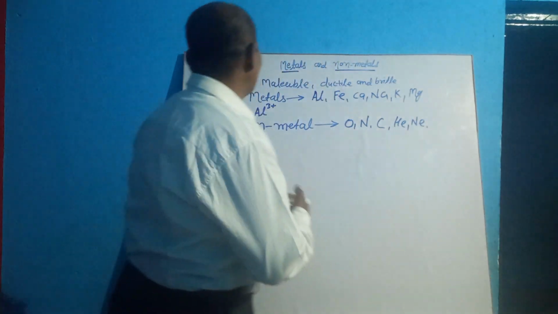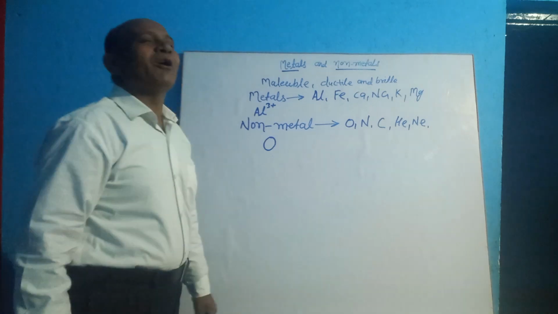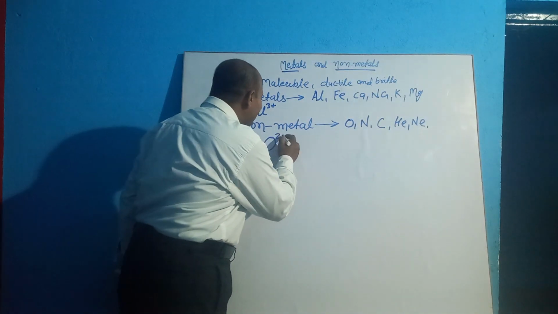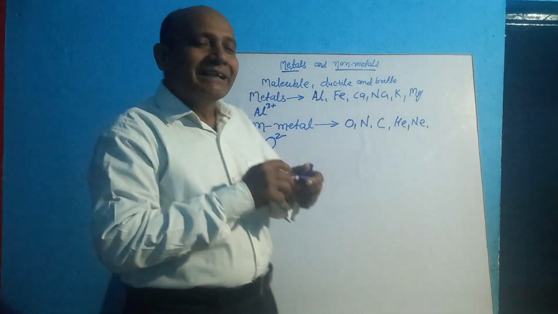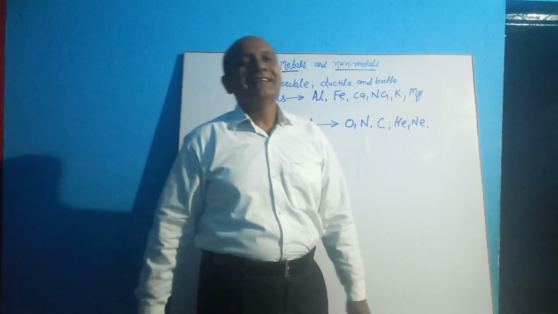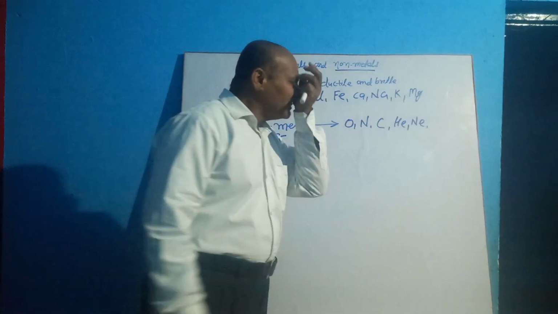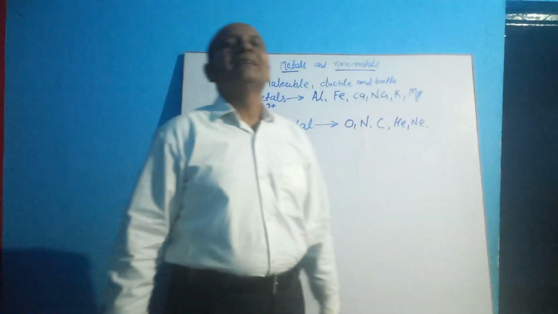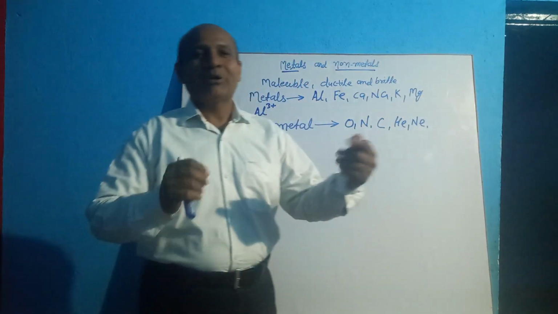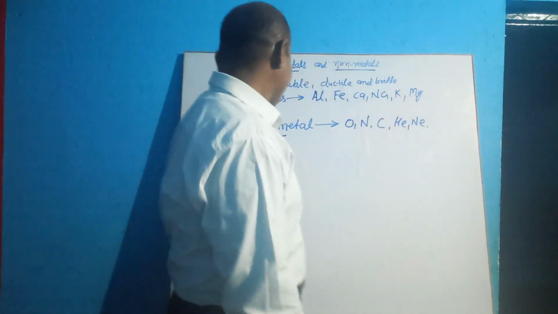For example, oxygen is a non-metal which forms oxide, O2-, by accepting electrons. In fact, non-metals are electronegative elements because they form negative ions.